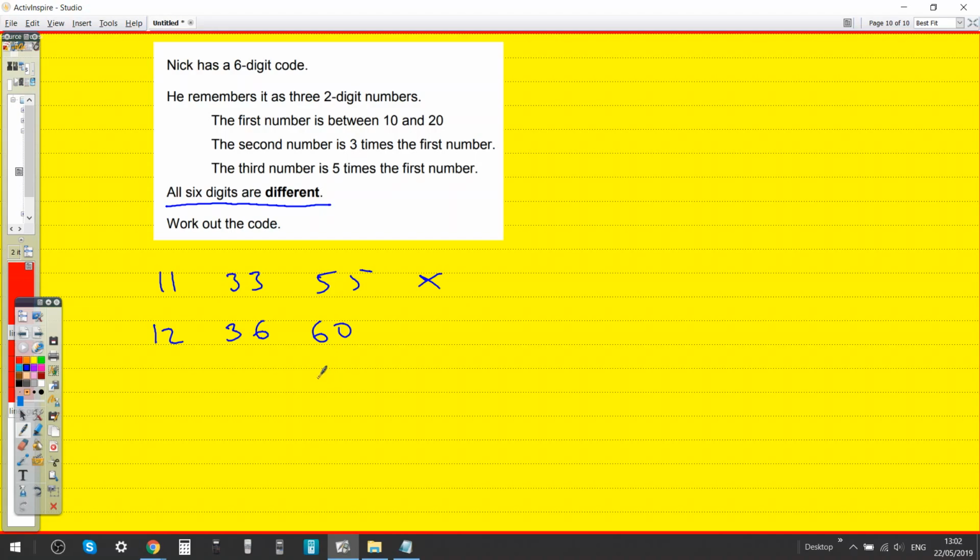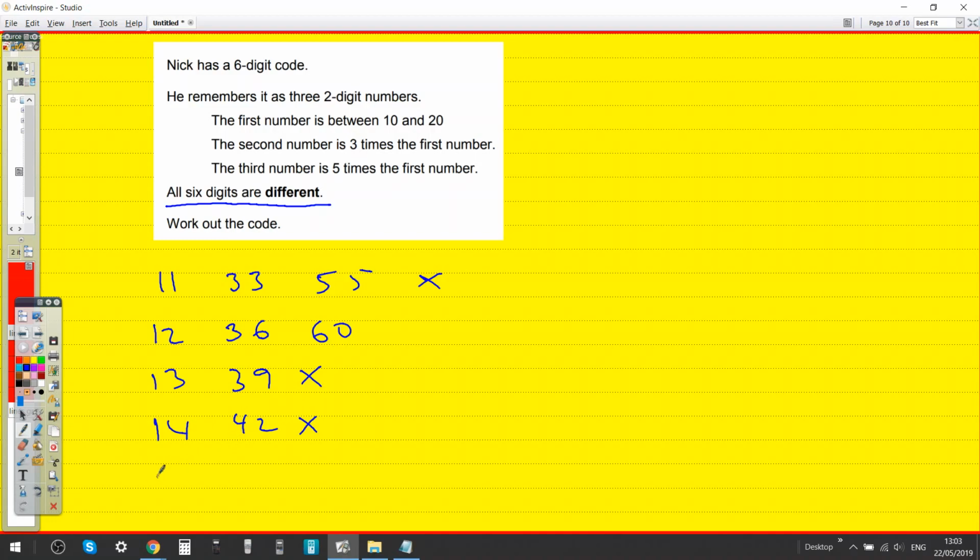So let's try 13. So 13 times 3. Is this non-calculator? Oh no, this is a calculator. Right, so 13 times 3, so 39. Same number, so let's skip that. So 14 times 3 is 42, that's not going to work because, again, it's 42.